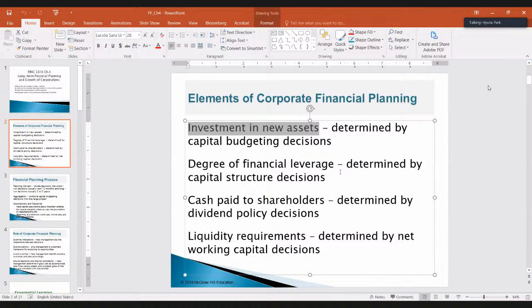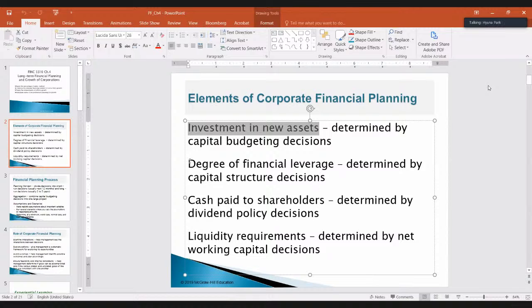That's an important investment decision. It could also mean purchasing equipment, like electronic devices to keep track of inventory, and investments in equipment and technology to analyze customers' demand: what kind of products will be in higher demand next year. So, investment in new assets. This is a capital budgeting decision.